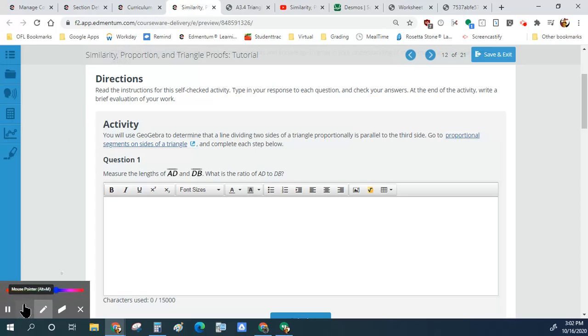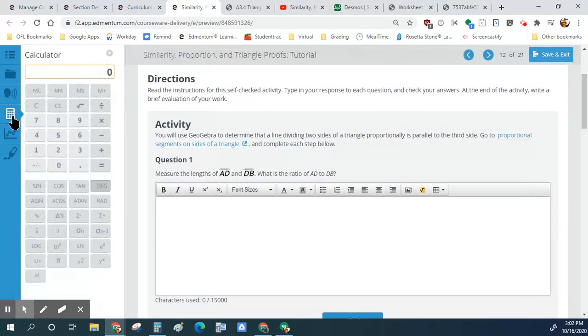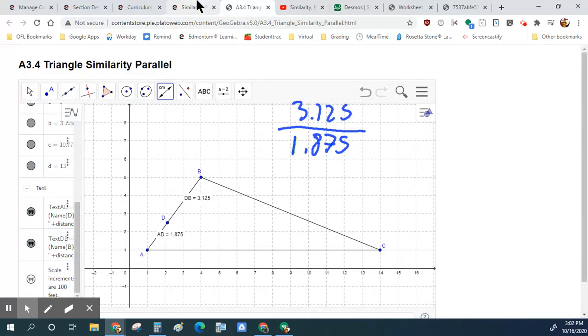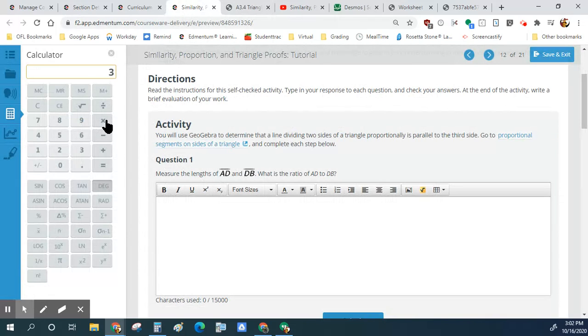One thing that I've never really shown you guys before is you can just use a calculator here. So 1.5, we're going to divide that. You can see I hit that little division sign. 1.825, and we get about 1.17. Make sure you're showing your work.